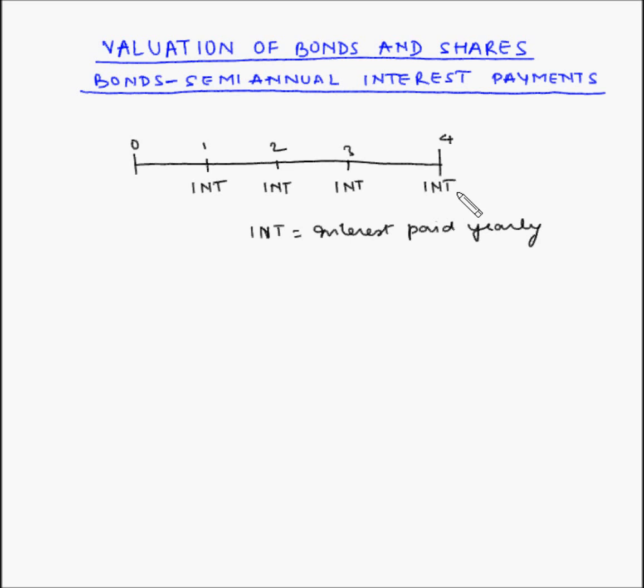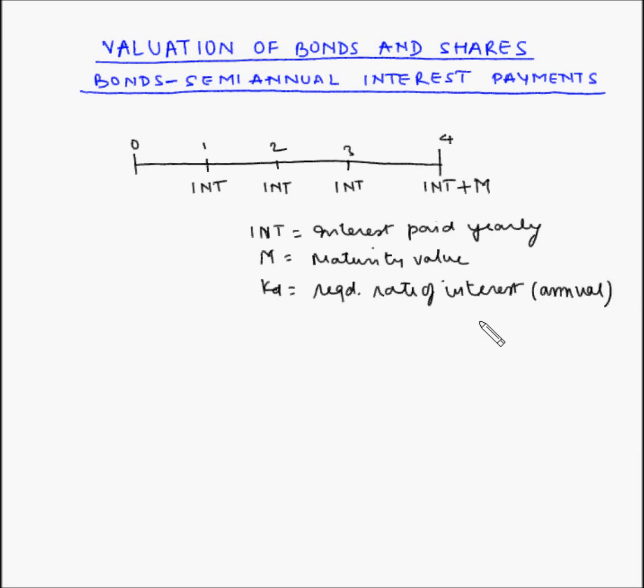Now, at the end of the tenure, the investor will be paid the maturity value, which is M. So M is the maturity value, and KD is the required rate of interest, and this is annual. So this is KD.